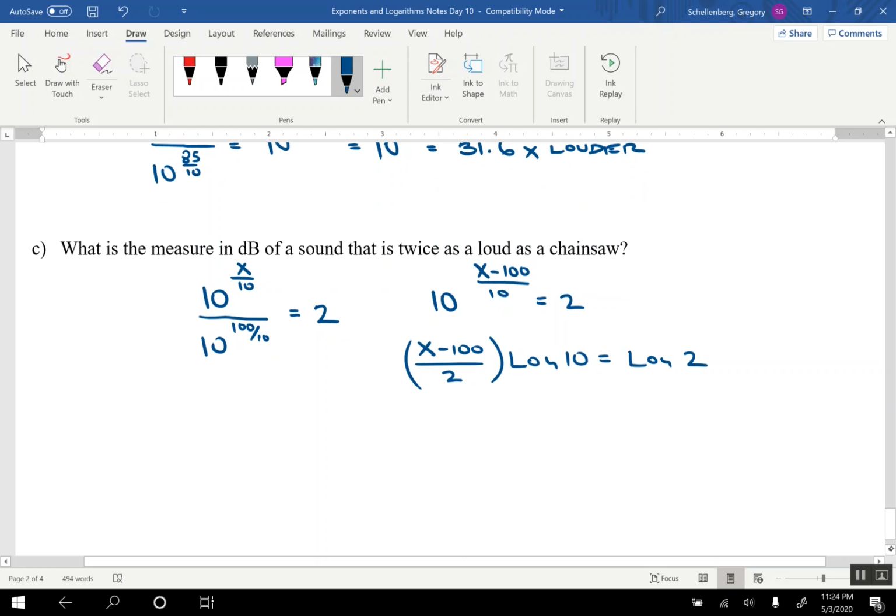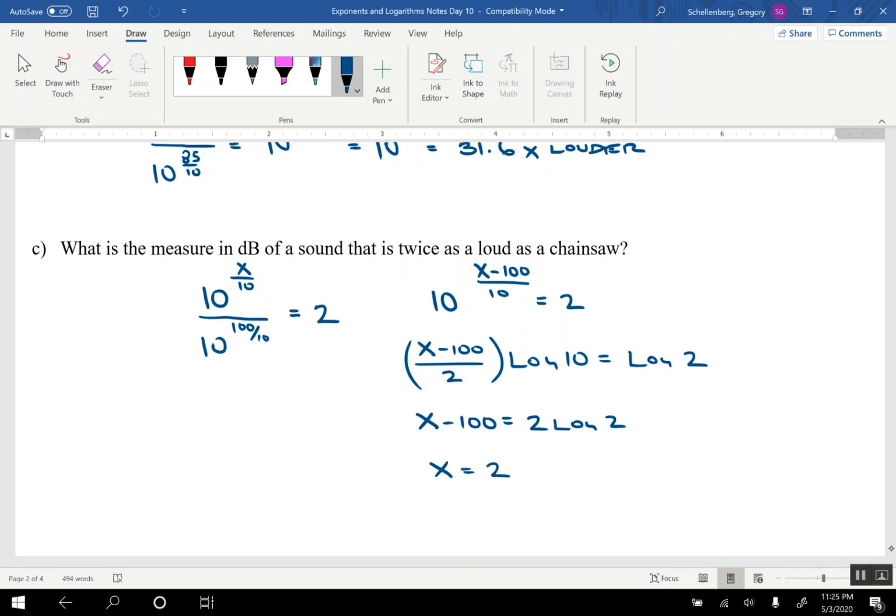We know that the log of 10 is 1. So from here I'm going to multiply both sides by 2. We get x minus 100 is equal to 2 log 2. And so x is equal to 2 log 2 plus 100, and finally x is equal to 103 decibels.